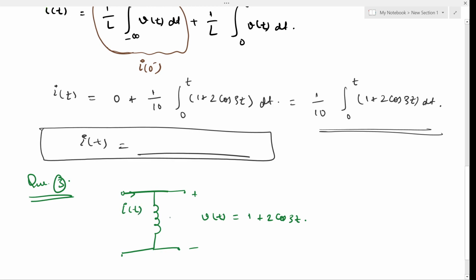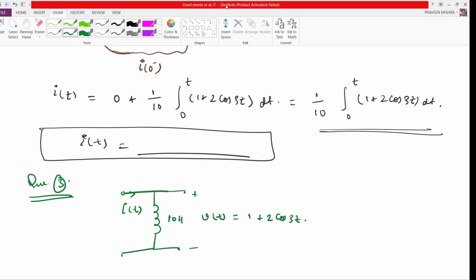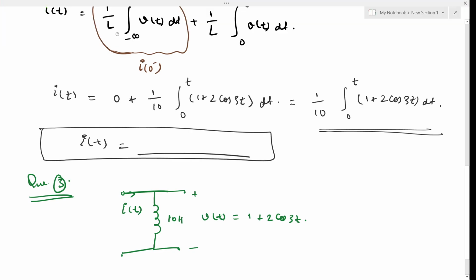Okay, and the value of the inductor is the same, 10 Henry, but this time the initial current flowing through the inductor is 3 ampere. Now you have to calculate the current flowing through the inductor.